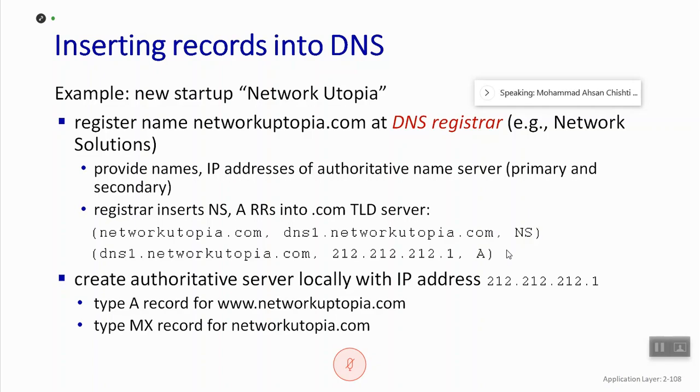Now, this DNS registrar would have a record of whose DNS name it is, to whom it belongs, who the owner of it is, and who should be contacted in regard to this.